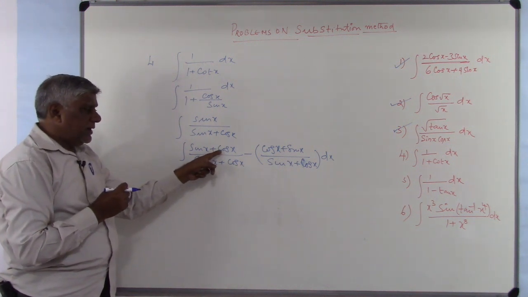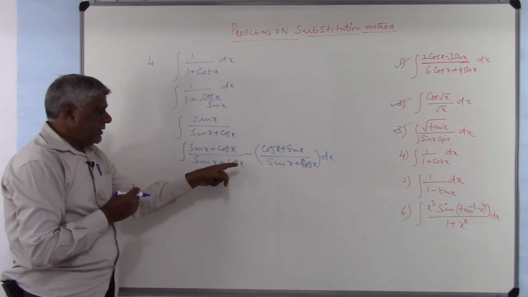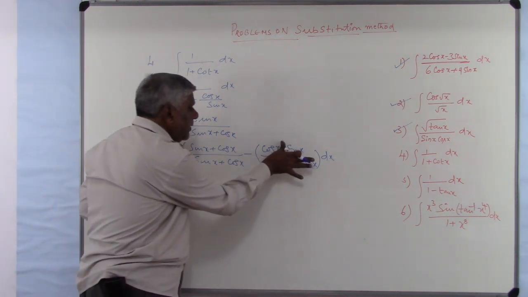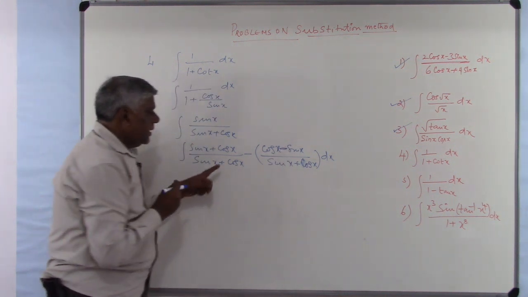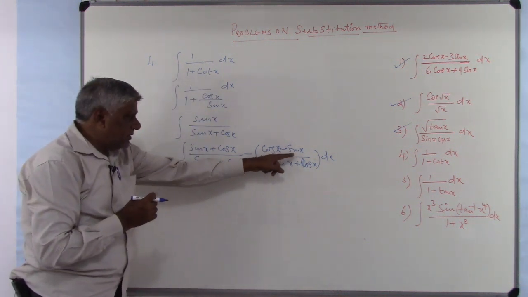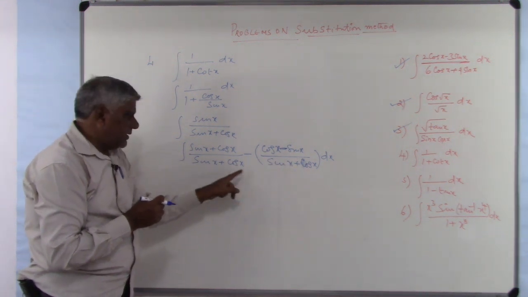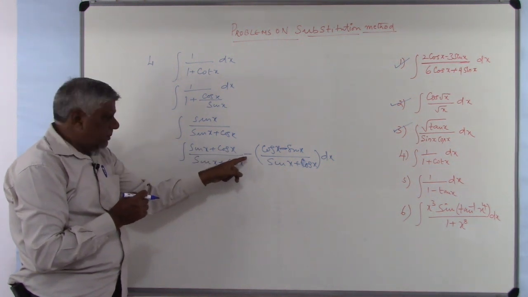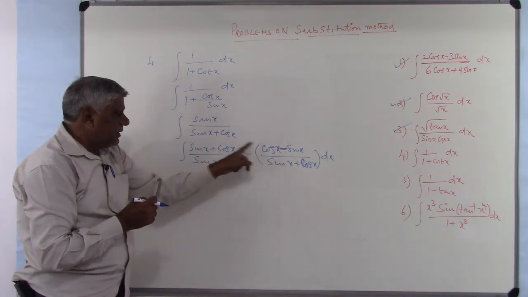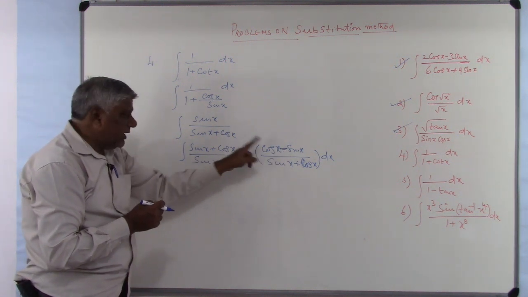See, any doubts here? It is nothing but minus cos x minus sin x divided by sin x plus cos x, we have done. We have not done any change here. You can remove the bracket. Cos x minus cos x cancel, and plus 2 sin x you will get.